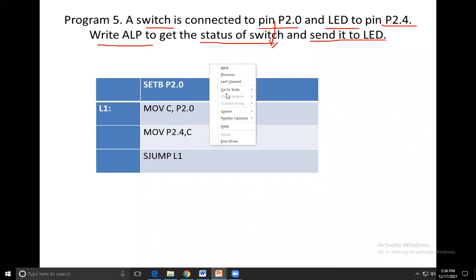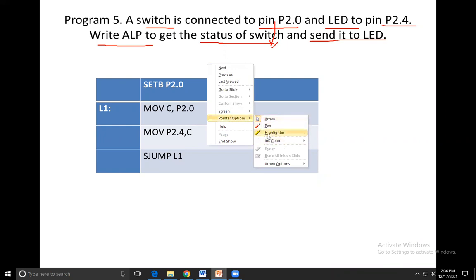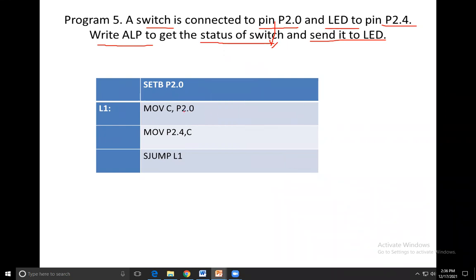So this C is the carry bit. Set bit P2.0 means you put the value of P2.0, so P2.0 is 1, this is transferred to C, then C will be transferred to P2.4, and again we go to L1.